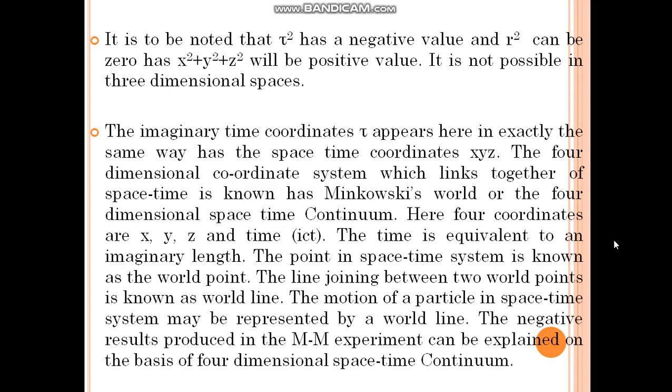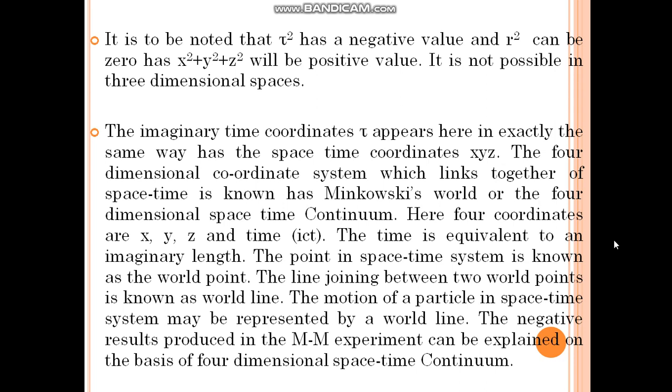The imaginary time coordinate tau appears here in exactly the same way as space coordinates x, y, z. The four-dimensional coordinate system which links together space and time is known as Minkowski's world or four-dimensional space-time continuum. Here, four coordinates are x, y, z and time.